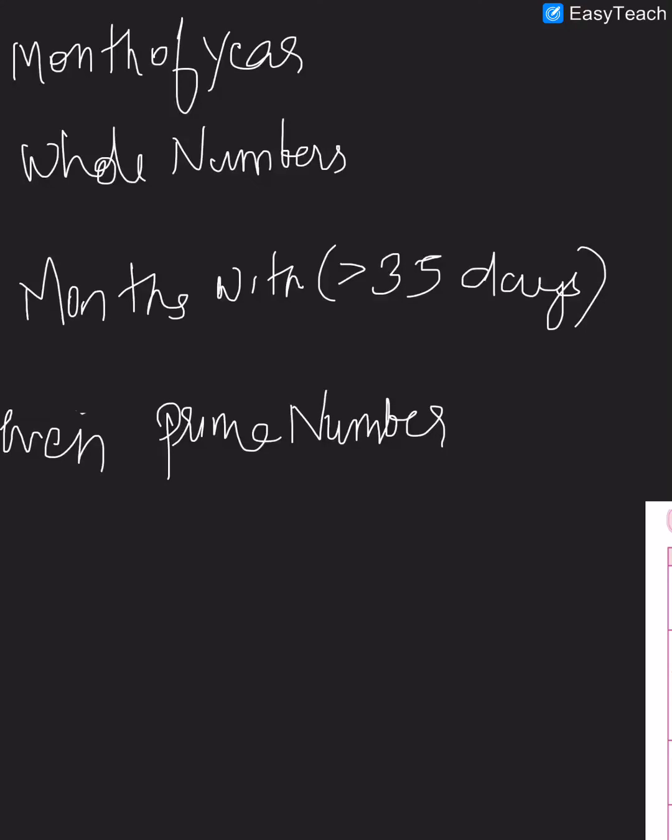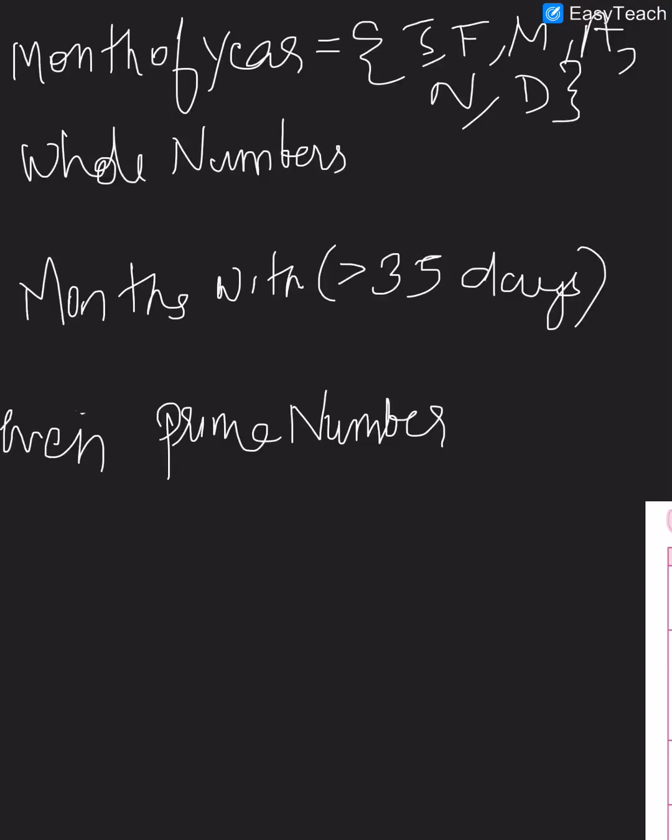We have to write these sets. The first is the months of a year. What are the months of a year? You know, January, February till December. So we can write the set as January, February, March, April, May, and so on, November, December.